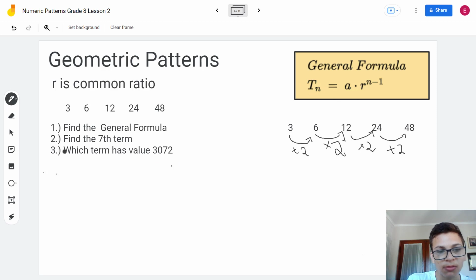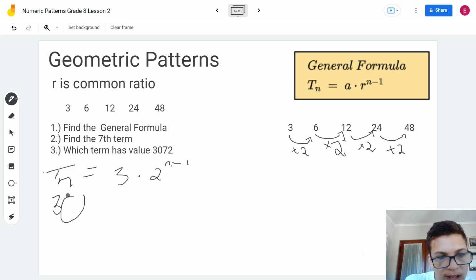So from question 1, our general formula is 3 times 2 to the power n minus 1. Okay, so 3072 equals 3 times 2 to the power n minus 1.